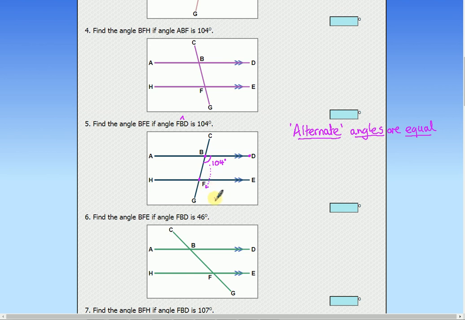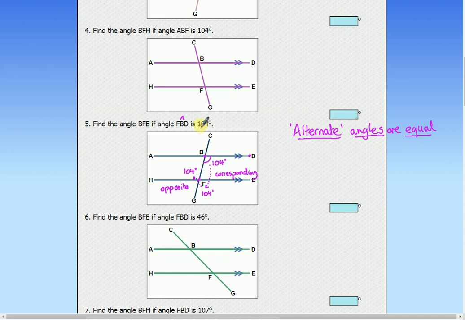That one must be 104 as well, by corresponding. And if I want the opposite angle, so that was by corresponding. And if I go to opposite, I get another angle that's equal to 104 degrees.